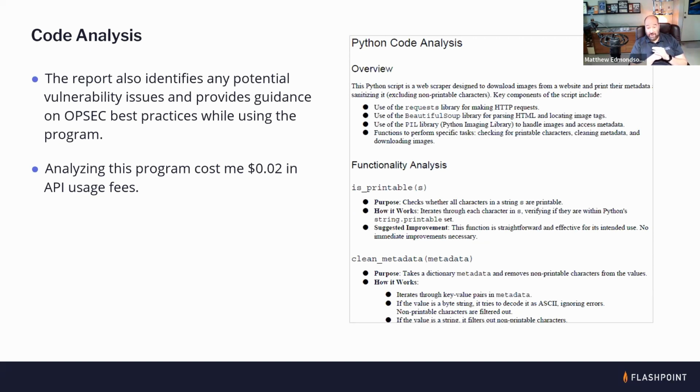It's very consistent. It's very well done. And when I ran this on this particular code that you're seeing a copy of the report for here, it cost me about 2 cents in API usage. So very little. Using ChatGPT through the API is actually more cost efficient for most people than using it through the web browser.